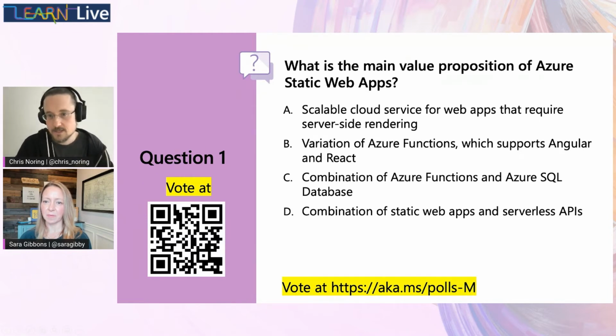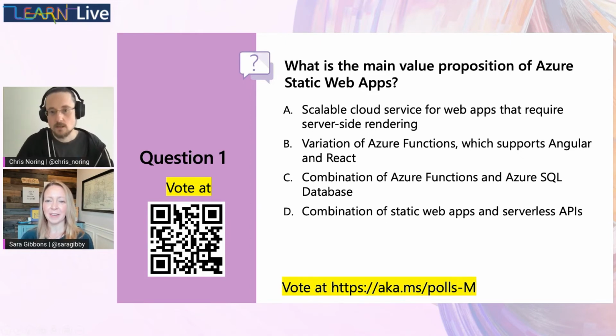I would say in C, you can use whatever database you want, really, right? I mean, we definitely have Azure Functions in there, but it's not locked into Azure SQL. So I'm wondering if C is also incorrect. Is it a combination of static web apps and serverless APIs? Well, in a sense, but how about we have a look at the answer and see what they had in mind?